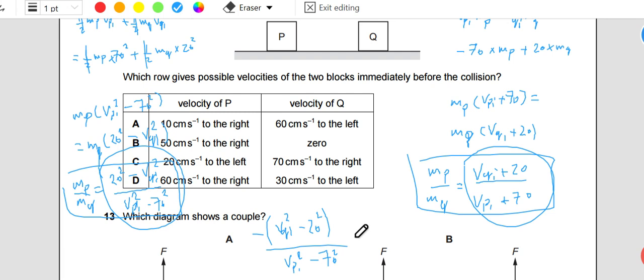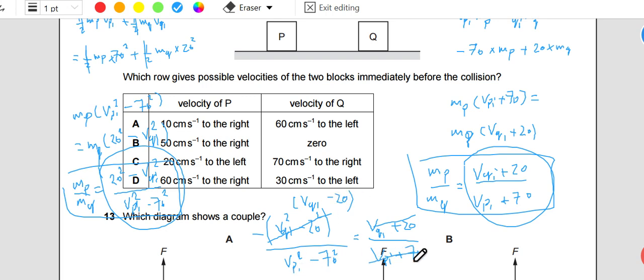This is a difference between two squares, so we can eliminate this, and the remainder will be VQI minus 20 here.